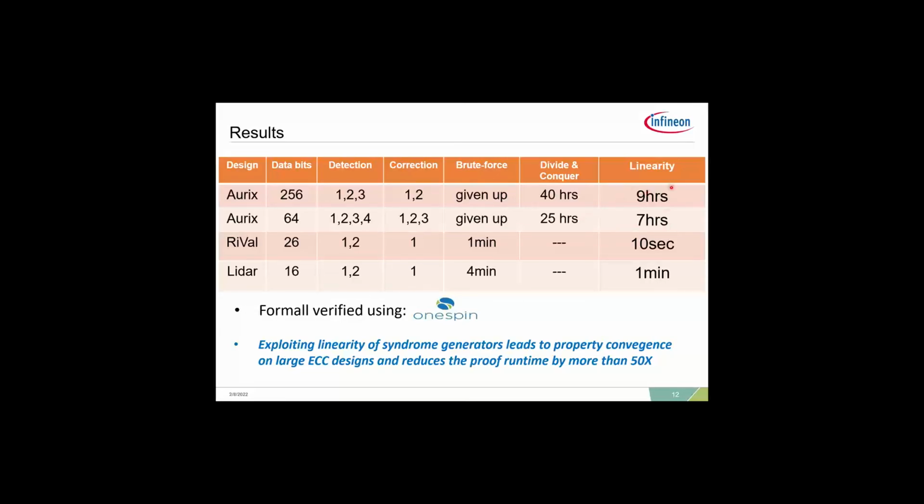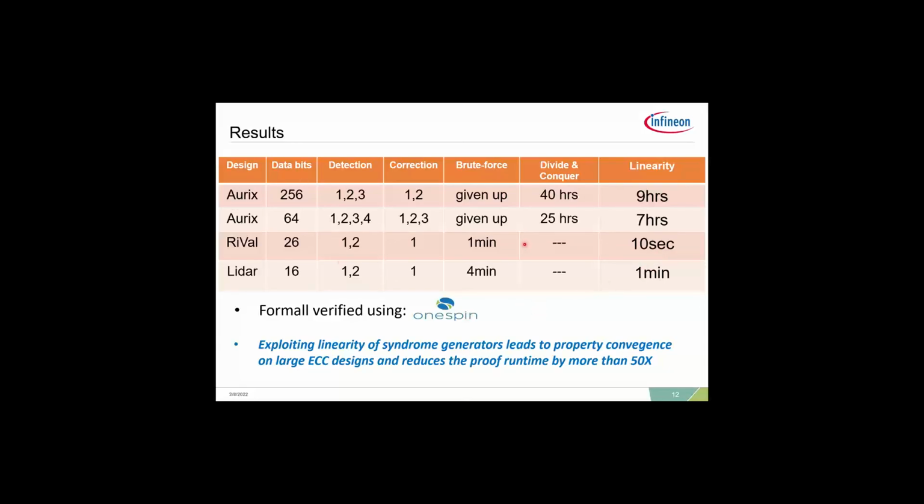But with the linearity approach, even for these large ECC designs, we are able to get the proof within reasonable time. For the 256-bit vector design, we were able to get the results in 9 hours, and for the 64-bit ECC design, in 7 hours. Of course, for smaller ECC designs, even the brute force approach is sufficient. That means we don't need any additional abstraction techniques, but it's still worth noting that there is some gain in runtime with the linearity approach.